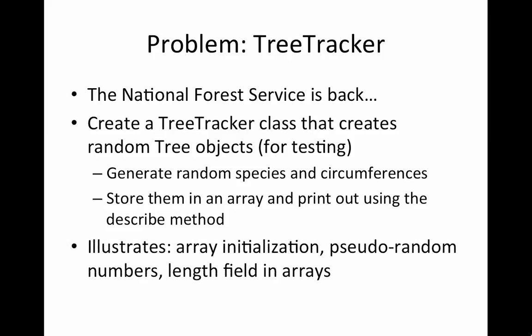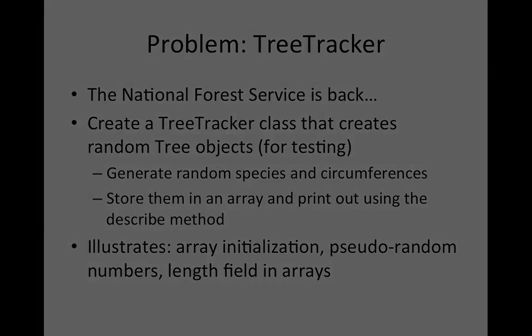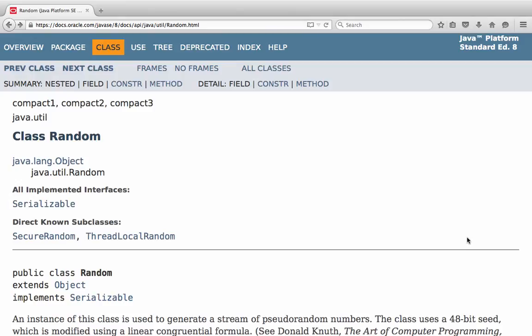You can see what our goal is, what we want to illustrate with this example. And I will be giving you one more hint on how to create these random values. Here you can see the API for the Random class, which is part of the java.util package.